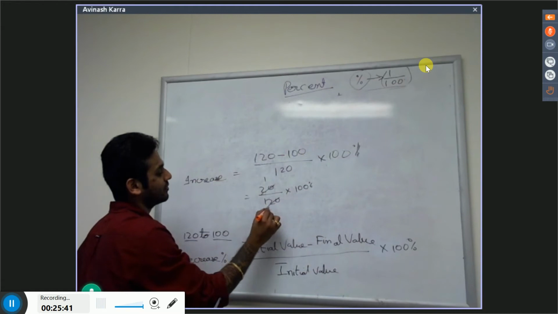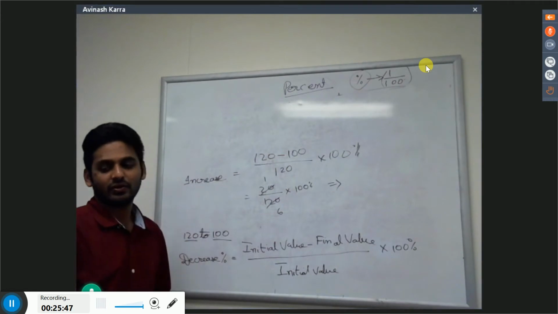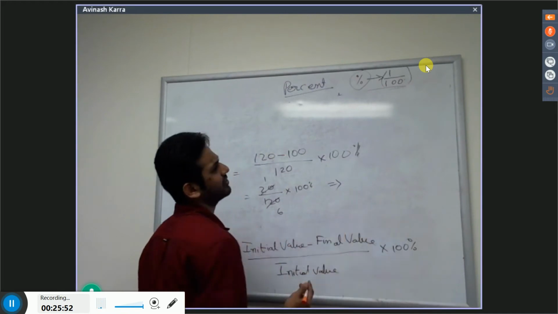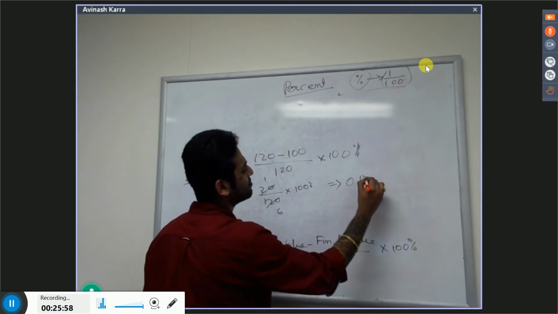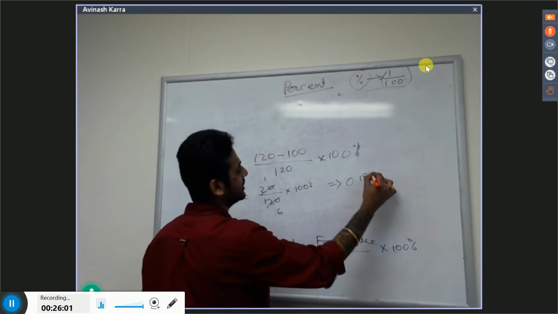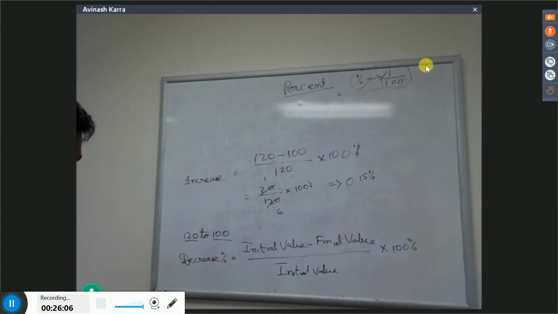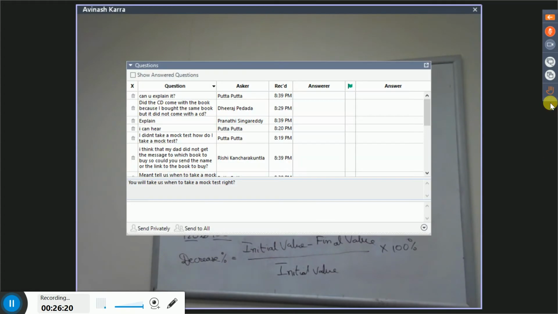20 ones are 26. What is 1 by 6? Use the calculator. 1 by 6 should be 0.15 something. Hopefully. Is it right? 0.16.